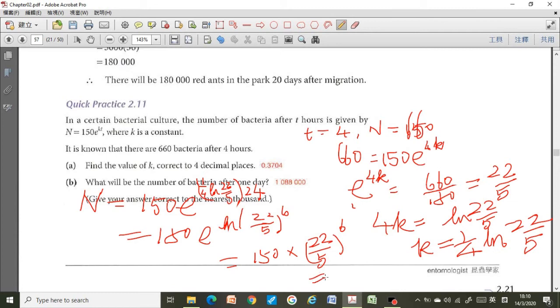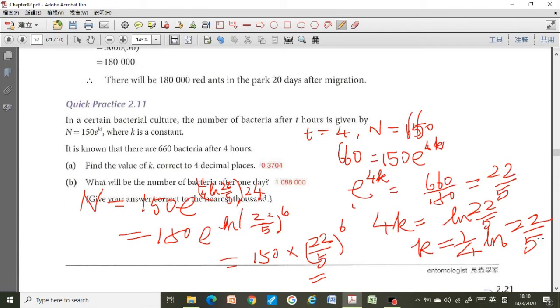And after you press your calculator and correct to the nearest thousand, you will get the answer equal to 1,088,000.